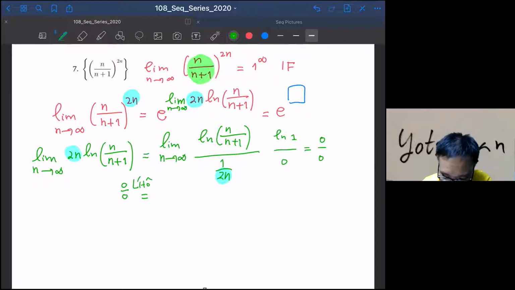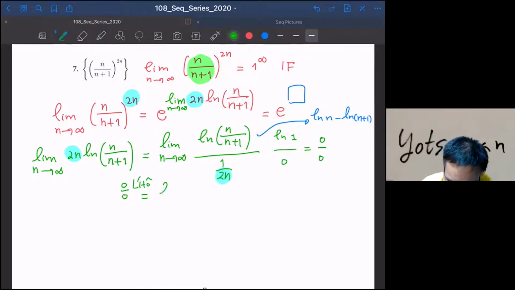So you're going to differentiate. Before we differentiate, we know that log of n over n plus 1 becomes log n minus log of n plus 1.